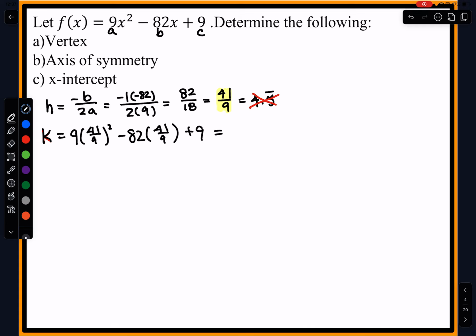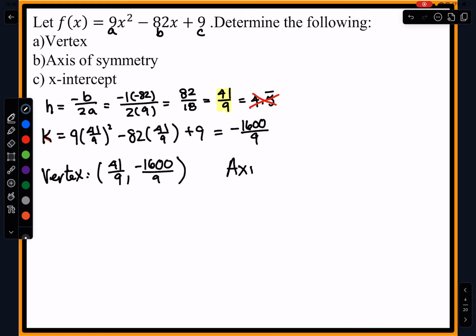And we end up with a total of negative 1600 over 9. I know these numbers are not nice whole numbers. We get these crazy rational values, but that doesn't change what the vertex is. So our vertex is going to be that coordinate.